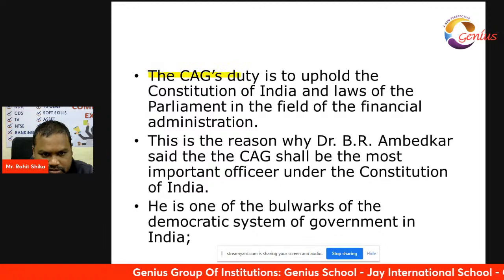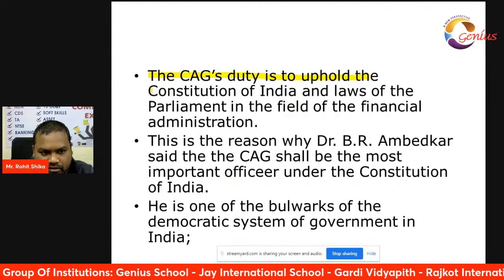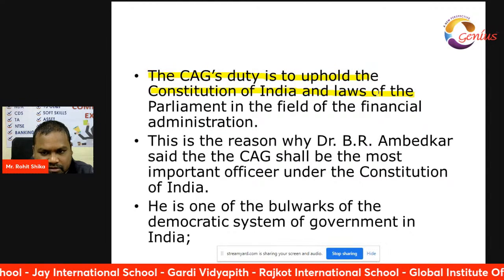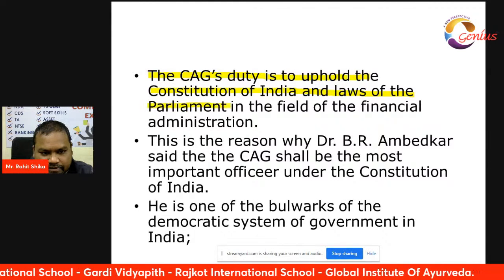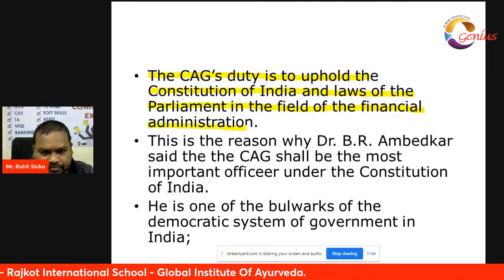The CAG's duty is to uphold the Constitution of India and laws of the Parliament in the field of financial administration.